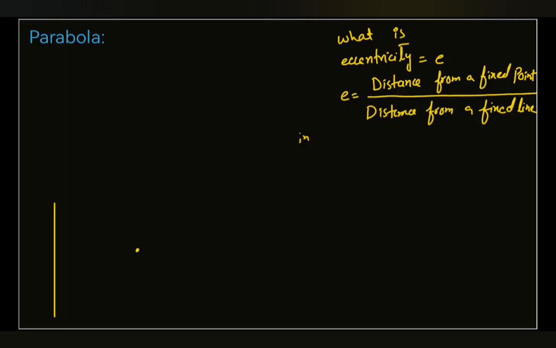In case of circle, the value of eccentricity is 0. In case of parabola, eccentricity value is equal to 1.